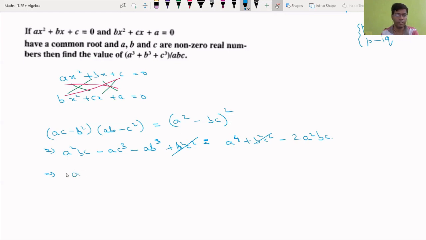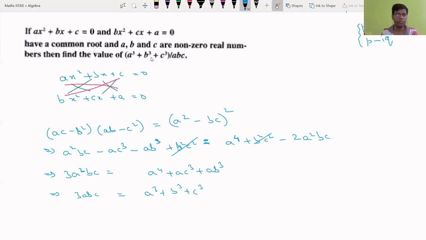I'll be left with 3a square bc is equal to a power 4 plus ac cube plus ab cube. So a is common on both sides, so I'll end up with 3abc is equal to a cube plus b cube plus c cube.